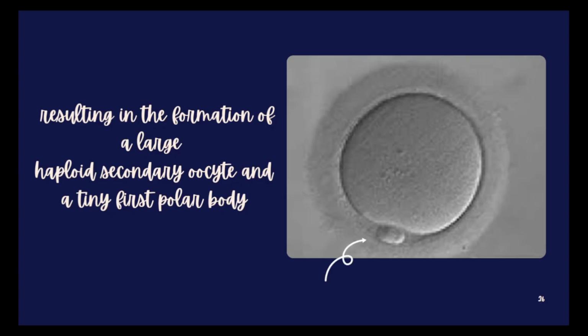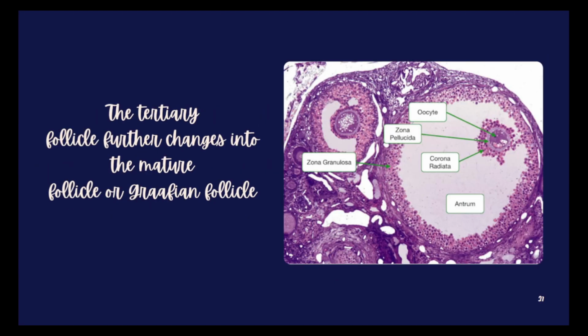Since it has completed the first meiotic division, the chromosome number has got reduced, so the secondary oocyte is haploid in number. The tertiary follicle further changes into a mature follicle called Graafian follicle.